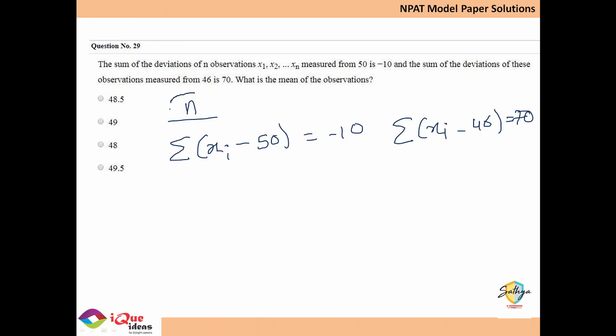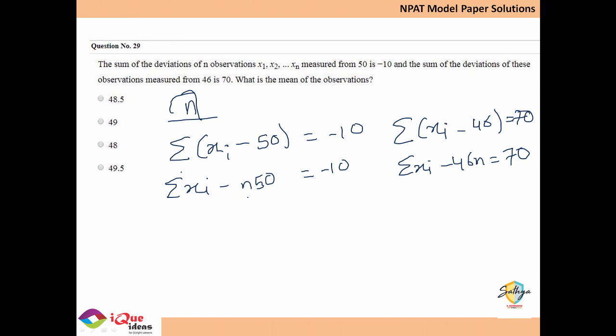So when I open up all these observations, summation of all the terms minus n times 50 is equal to minus 10. Similarly, summation of all the terms minus n times 46 is equal to 70.